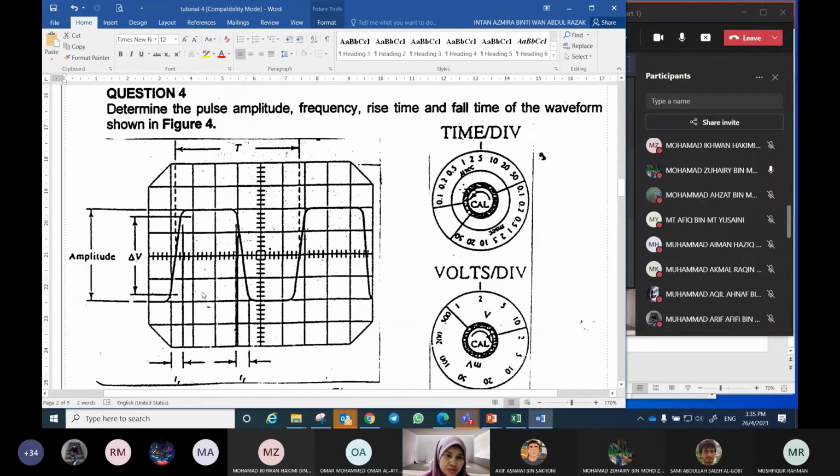Peak to peak voltage is 1, 2, 3, 4 divisions; 4 multiplied with 2, we get 8 volts. So peak voltage is 4 volts. Amplitude is equal to 4 volts. Peak to peak is equal to 8 volts. Peak voltage is equal to 4 volts. Okay, doctor, thank you.